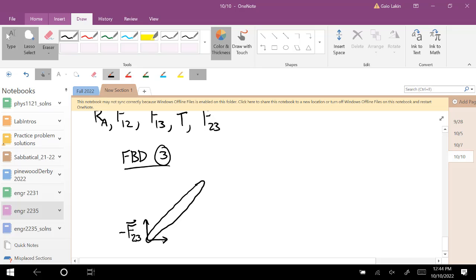And what about that 500 Newton force? Nope, it's not there. It's on the other one. And then 98.1 at the midpoint. And then here, this is contact with 1, so this is F31, so negative F13.